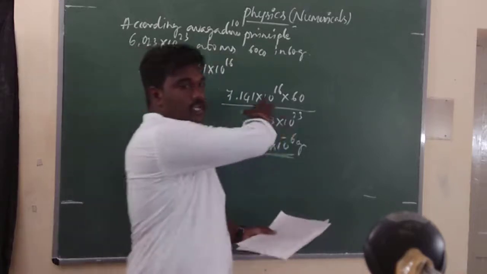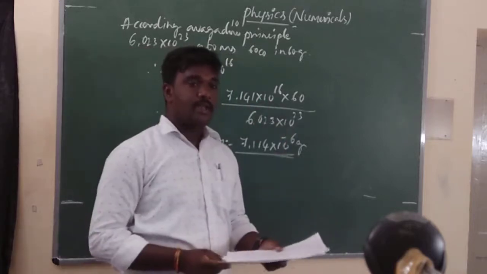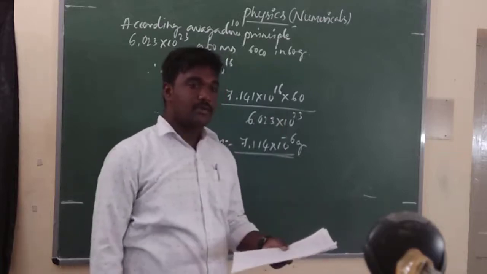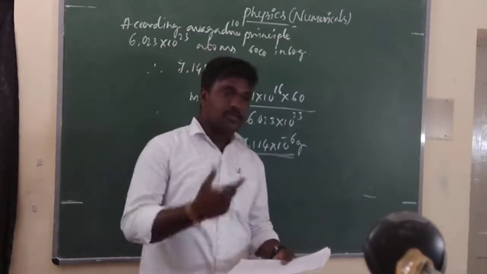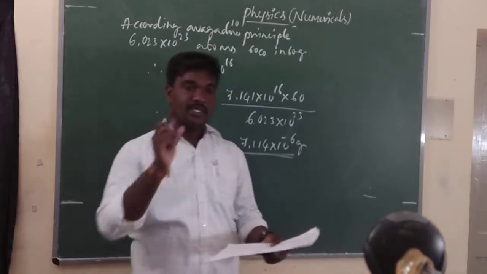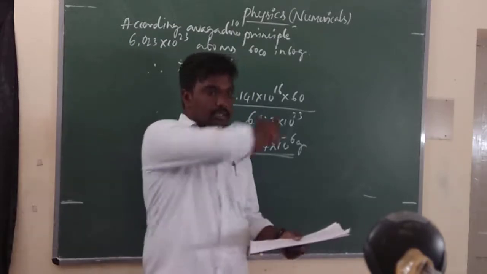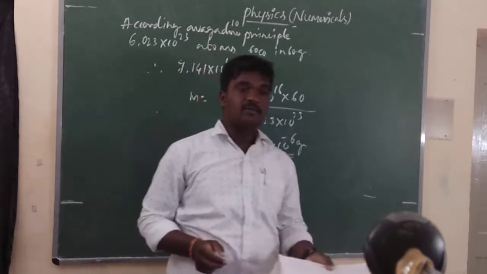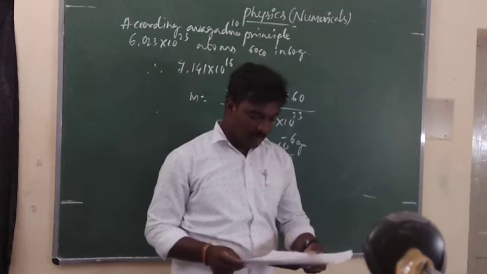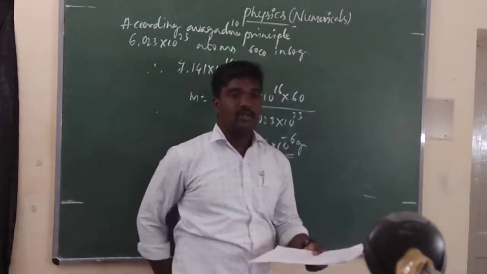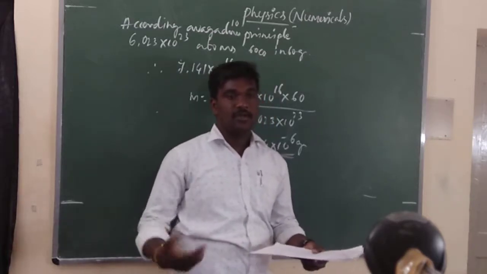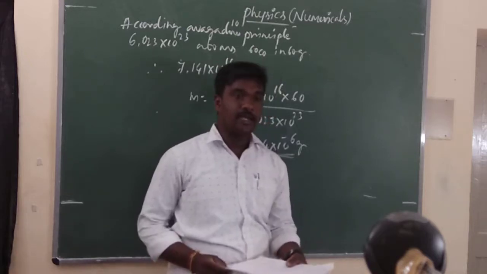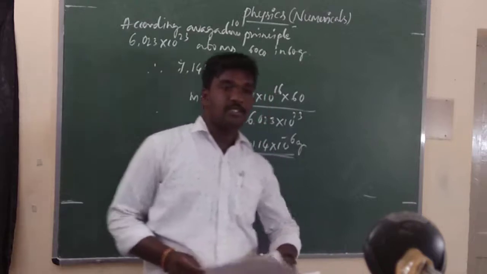Based on that formula we calculated lambda. Again, activity R is equal to lambda into N. Next we calculate the number of atoms present in 60 grams of cobalt, that is 7.141 into 10 to the power of 16 atoms. Next we calculate the mass. Based on the Avogadro principle, we calculated the mass of the substance. Clear? So this is the answer for this numerical.